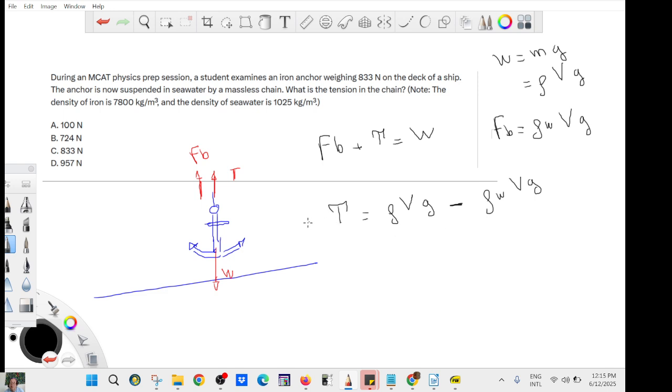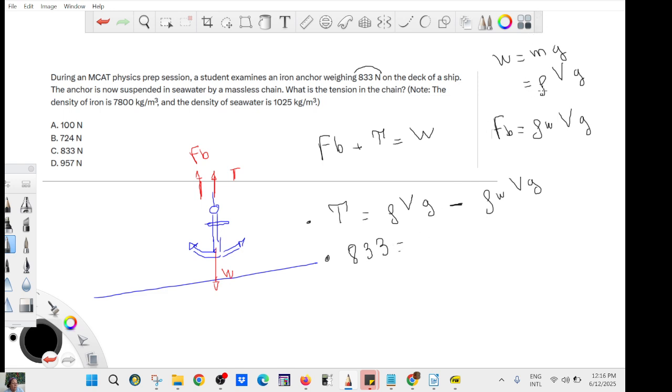Okay, and what are we missing? We have rho, we have the volume. We do not have the volume. Oh, but we have the weight. Okay, so we have the weight, 833.